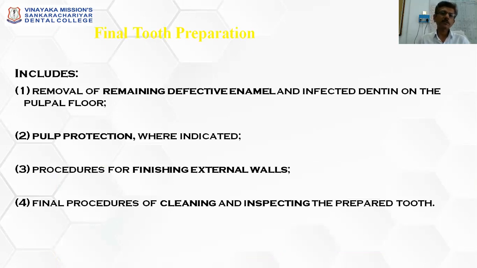Final tooth preparation includes removal of remaining defective enamel and infected dentin, pulpal floor, pulp protection wherever indicated, procedures for finishing of the external walls, and finishing procedures of cleaning and inspecting the prepared tooth.